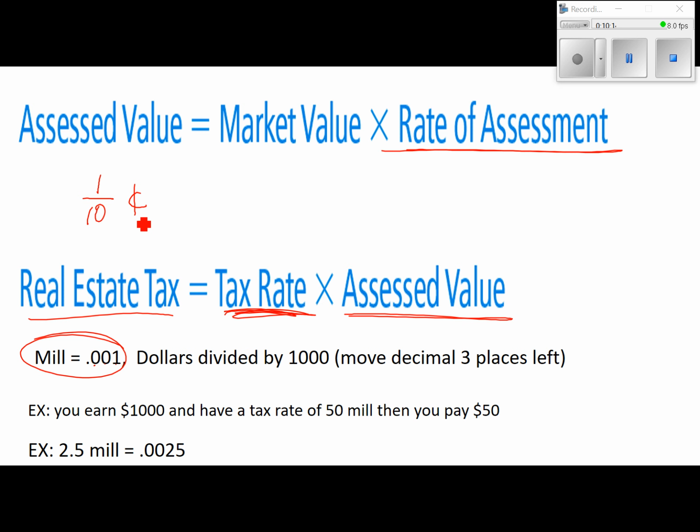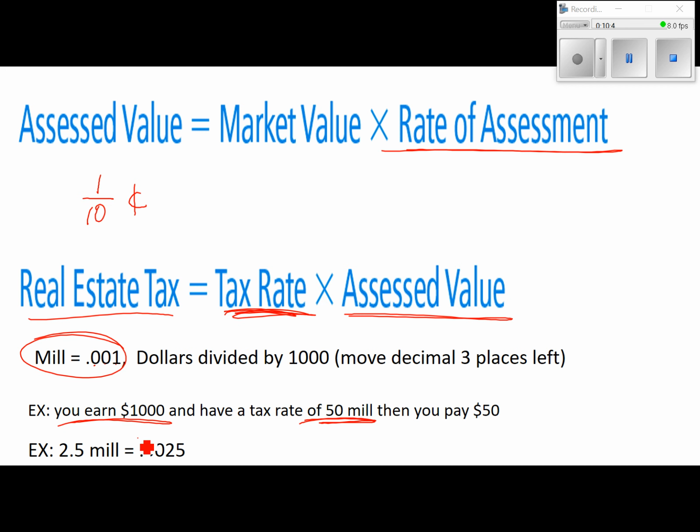And what that's saying is they're charging you, if you earn $1,000 and you have a tax rate of 50 mills, then you pay $50 for that $1,000. All right, so 2.5 mills means 0.0025. It's not a whole penny.